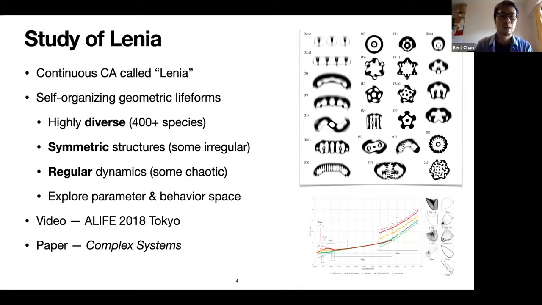I did a detailed study of this system. We find self-organizing geometric lifeforms that are highly diverse. I find more than 400 species now. These lifeforms usually have symmetric structures, and their dynamics are usually regular, like moving forward or rotating.